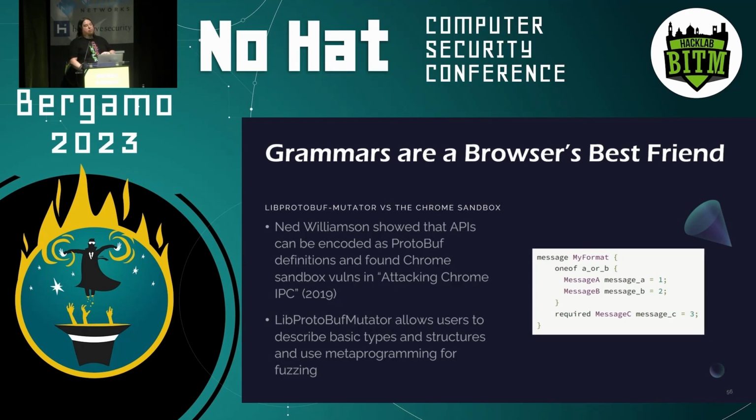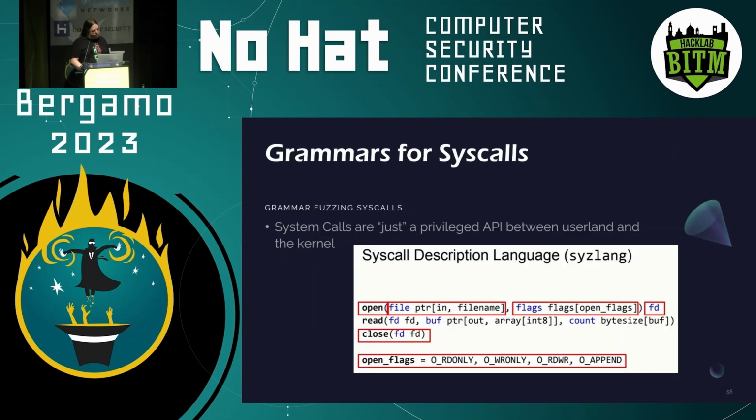And so if you're fuzzing anything that Google writes, basically anything that uses gRPC or in the browser, whether it's the sandbox broker or the network parser layers, they're all using protobuf. And so that's a way to get an easy grammar definition because they're already available.